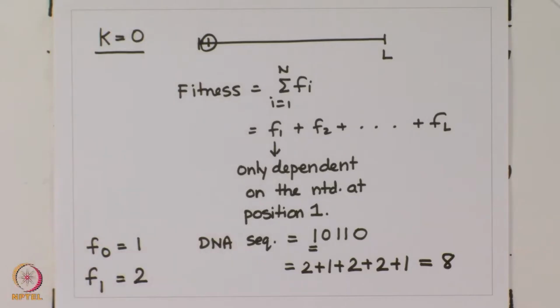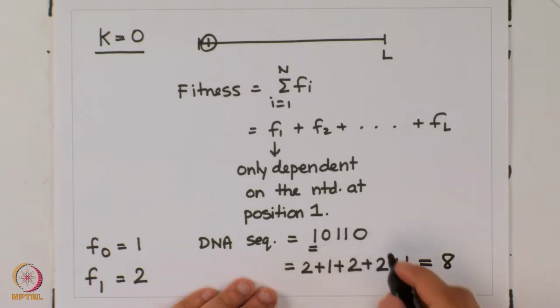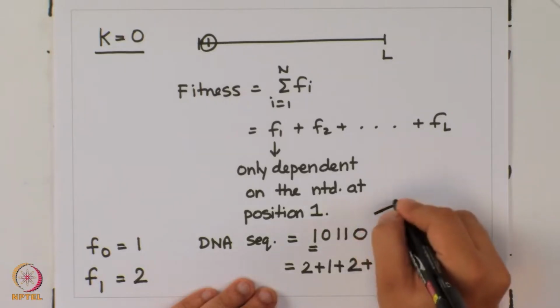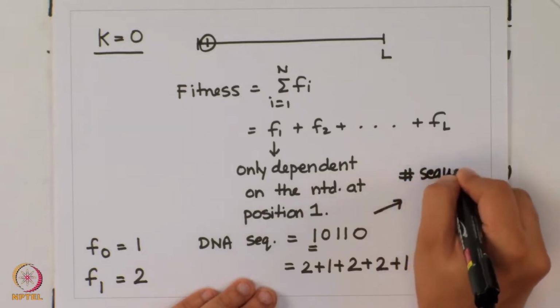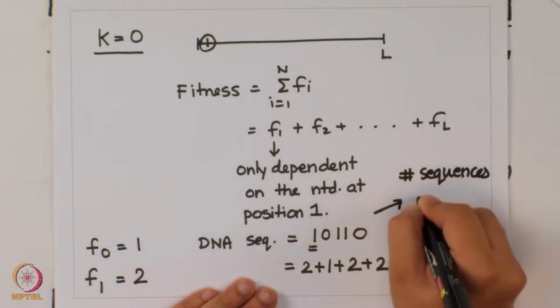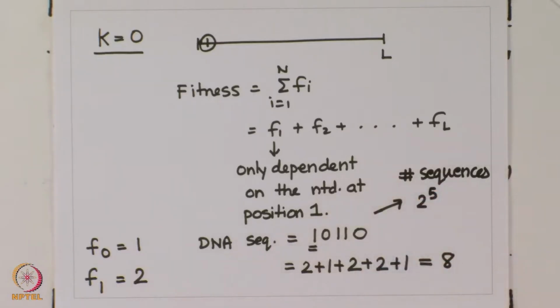So, that is how you would define the fitness for every possible nucleotide sequence of length 5 here, and the number of sequences will be 2 to the power 5 and not 4 to the power 5, because we are treating DNA as a binary polymer.